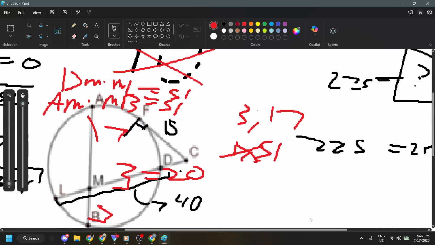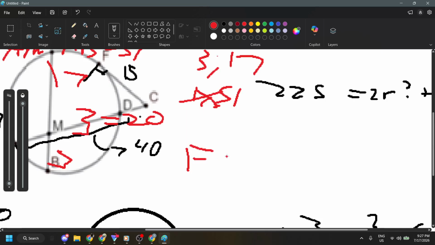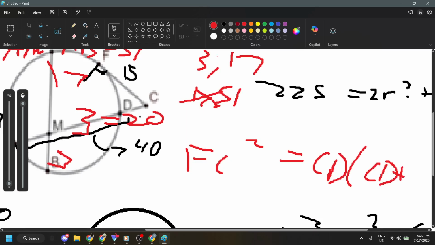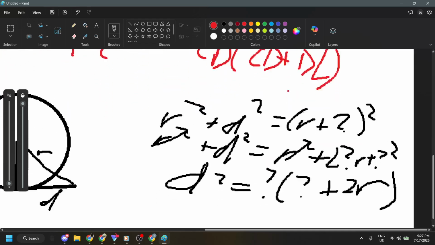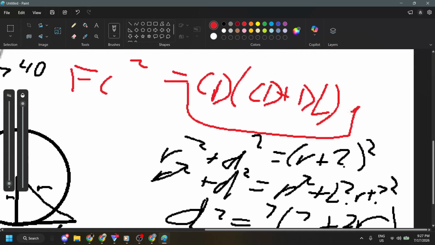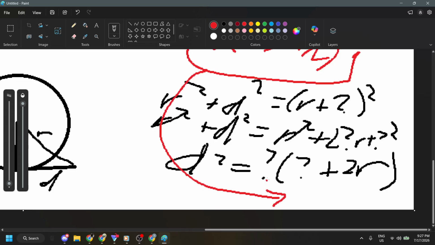And they also got this weird equation somehow, where FC squared is equal to CD times CD plus DL, which is kind of similar to the equation that I got here, with a variable times a variable plus another variable.